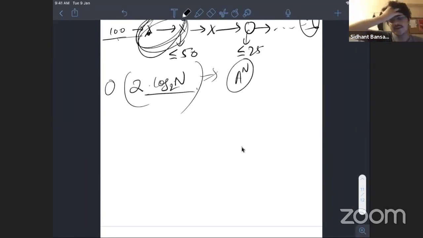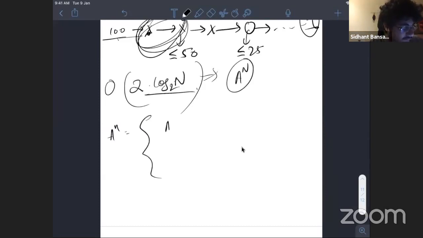Okay, Devansh asked, why do we always take 2? What do you mean by 2? As in, okay, log base 2. Oh, interesting question. Okay, think about this thing. You can even write this recurrence like this. This is an interesting question. Good question.